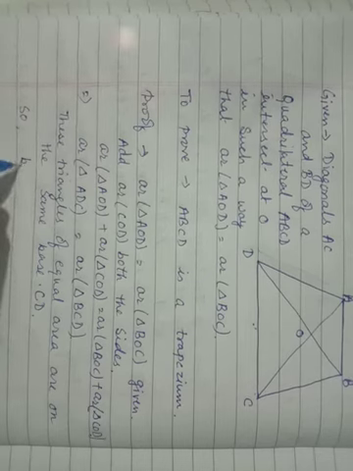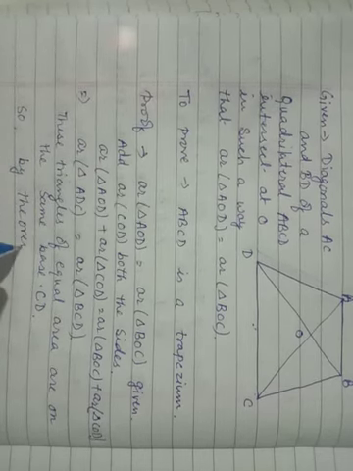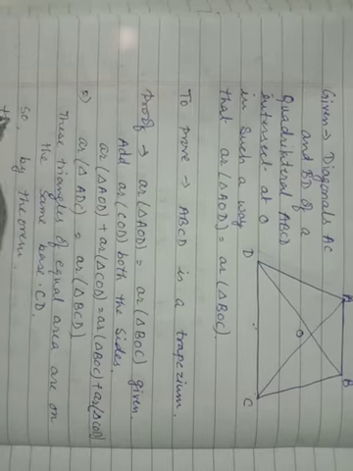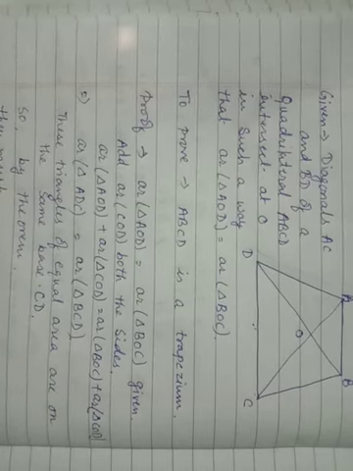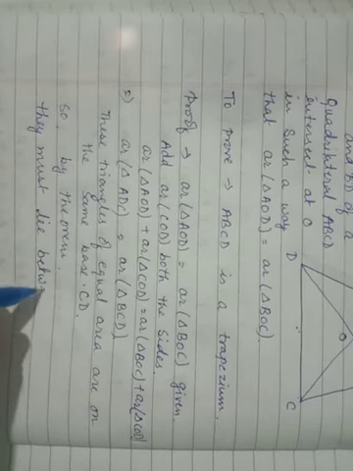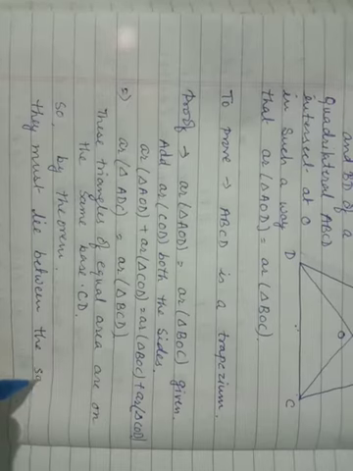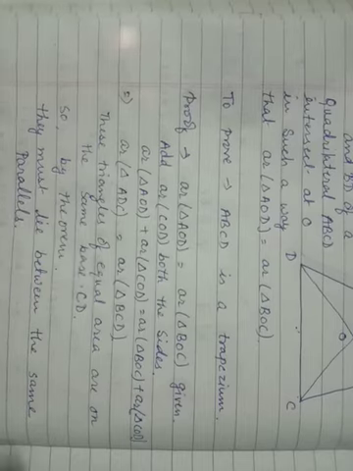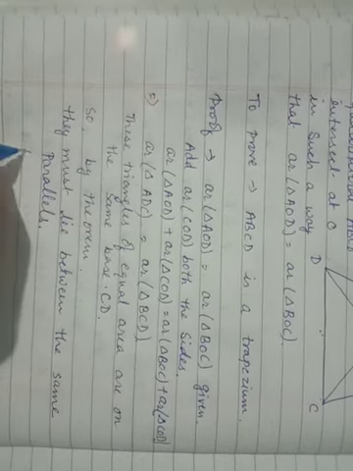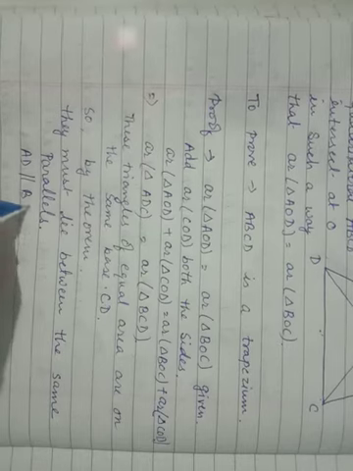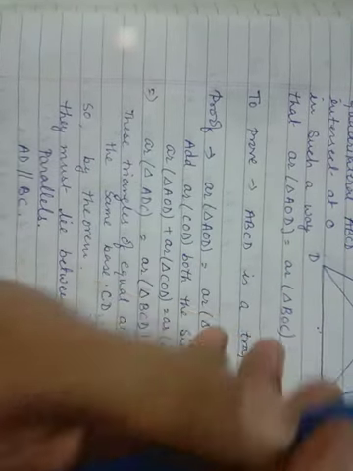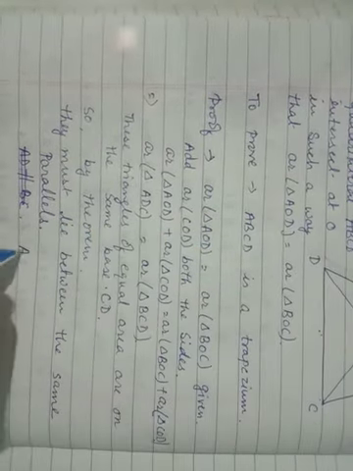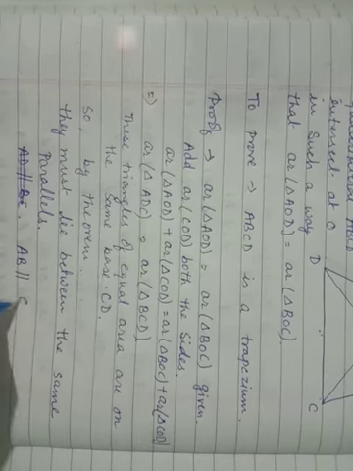So by converse of theorem, they must lie between the same parallels. Means we can say that AD is parallel to BC, or sorry, we can say that these are parallel. It means AB is parallel to CD.